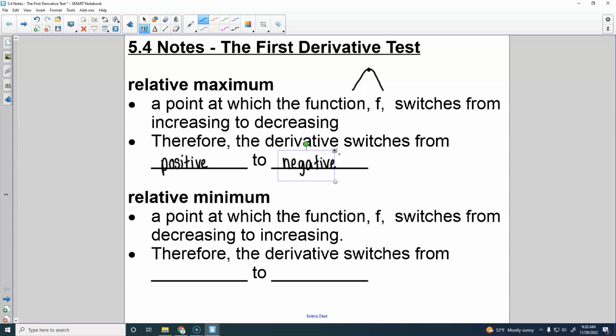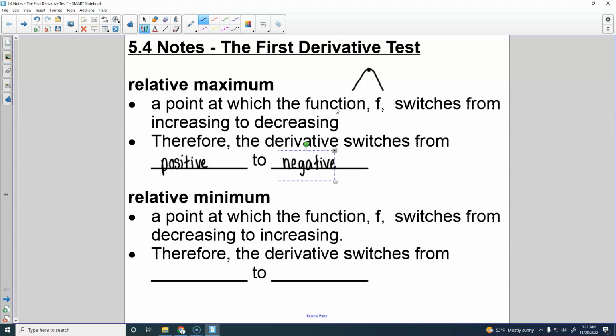Whenever you justify a relative maximum or minimum, and there will be several where you have to do this, you must talk about the derivative, because this is just the general definition for a relative maximum. So if you say that there's a relative maximum because f switches from increasing to decreasing, you're just telling me the definition of a maximum. It doesn't really show me you know anything about why it has to be that.